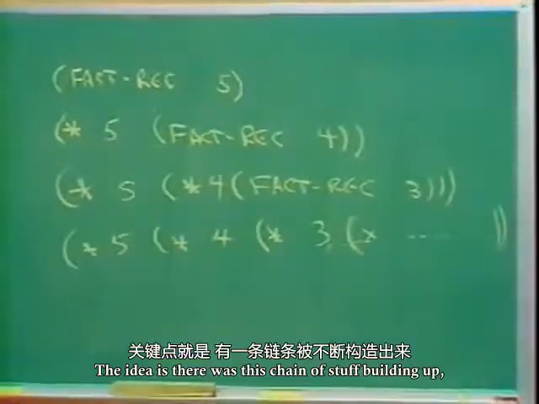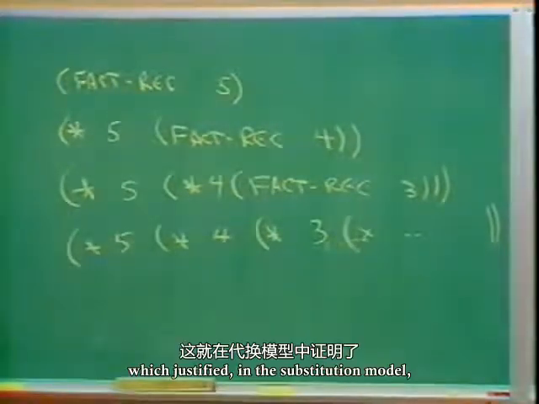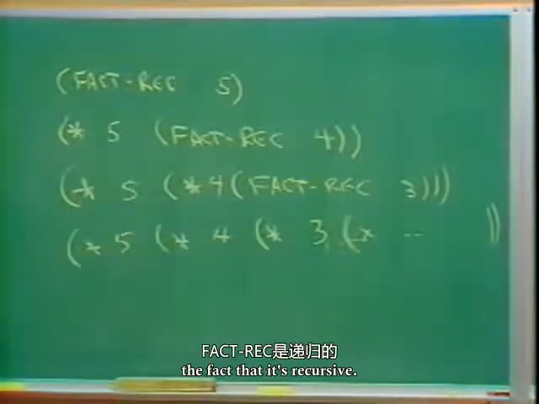The idea is that there's this chain of stuff building up, which justified in the substitution model the fact that it's recursive.